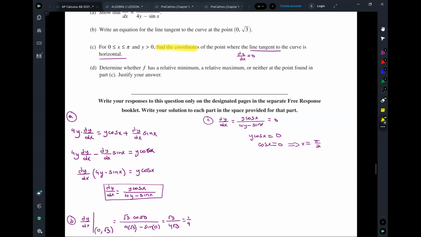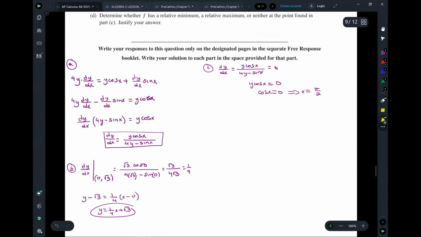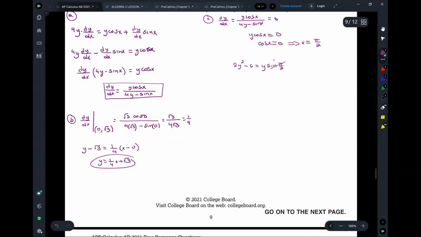How am I going to get y then? Plug it in where? The original. Plug it in here. So 2y squared minus 6 is equal to y sine of pi over 2. Oh, look, sine of pi over 2 is 1. So this is 2y squared minus y minus 6 equals 0. 2y plus 3, y minus 2 equals 0.